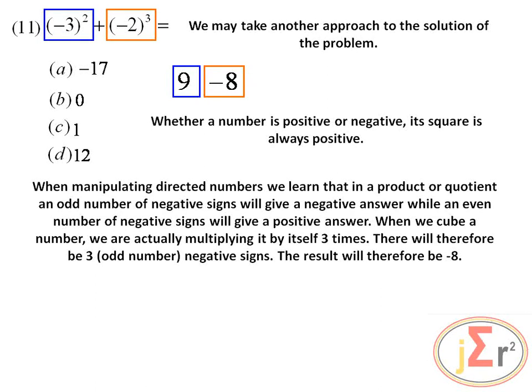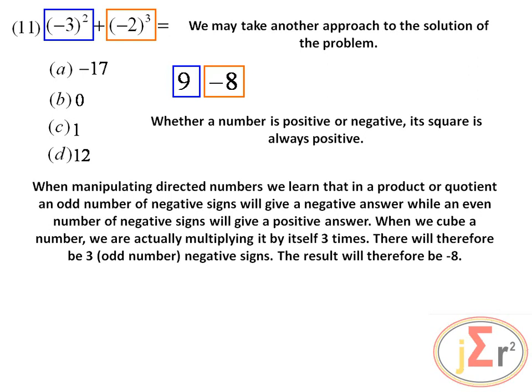There will therefore be 3 negative signs, and of course 3 is an odd number, so we'll have an odd number of negative signs, and that will cause the result to be negative. The result will therefore be negative 8, so it is going to be negative 2 multiplied by negative 2 multiplied by negative 2, as we saw on the previous slide.